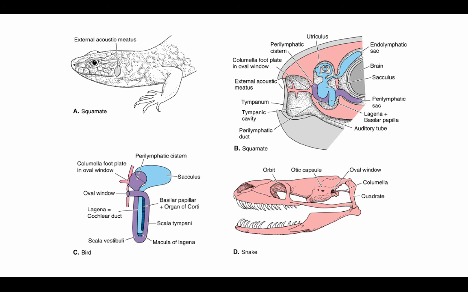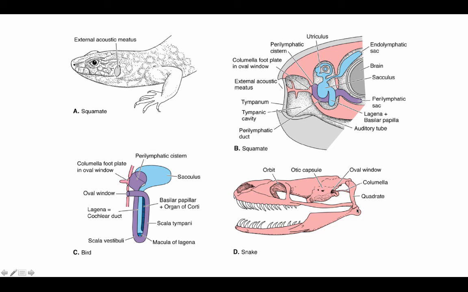Here are another couple of examples showing this columella, again spanning between the eardrum, the tympanum, and going to the middle ear. And in the case with snakes, you see this columella becomes very, very long and slender, attached to the quadrate, which forms that jaw joint.